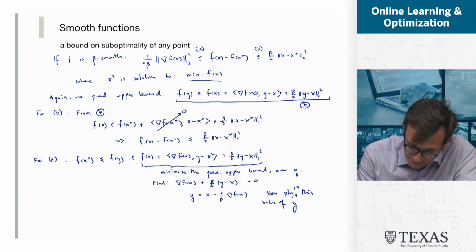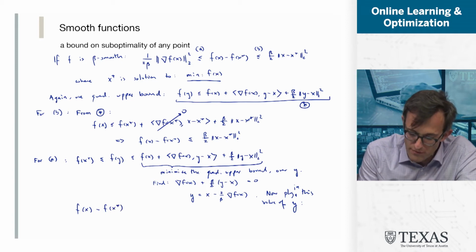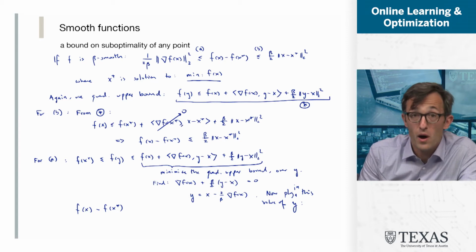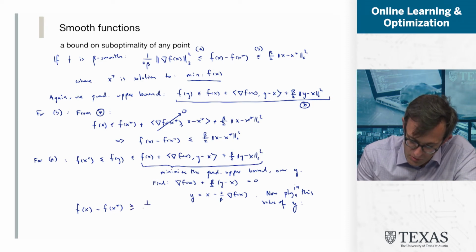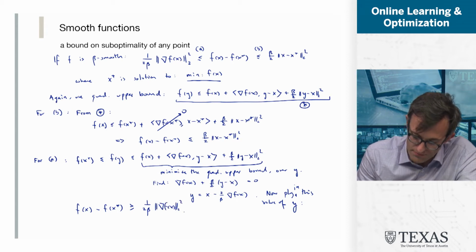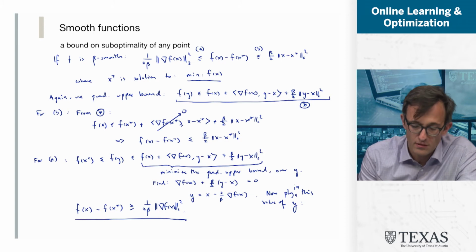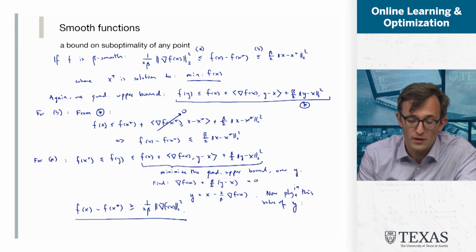So I find that f of x minus f of x star, I'm going to move f of x star over to the right-hand side and move everything else that has a y in it over to the left. And I'm going to find that this is exactly equal to 1 over 2 beta times the gradient of f of x squared, which is exactly what I needed for this first inequality.